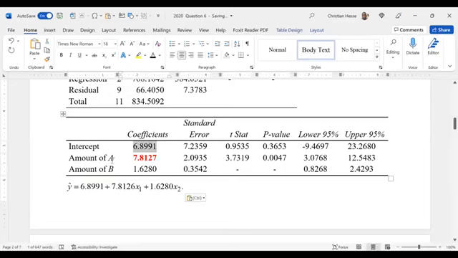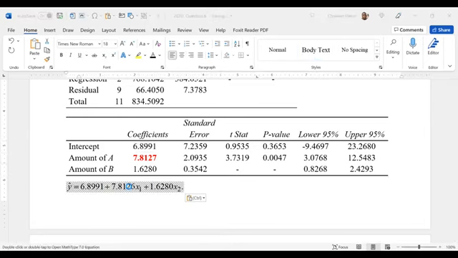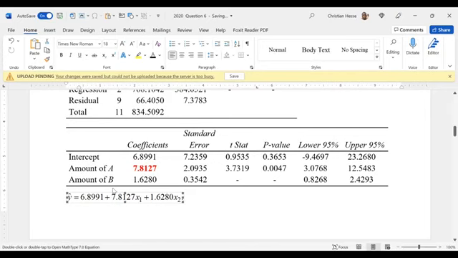Then what's the coefficient of the amount of A? 7.8127. So this will be 7.8127 x1, where x1 is the amount of A. Then 1.6280 x2, which is the amount of B. So this is the regression model.